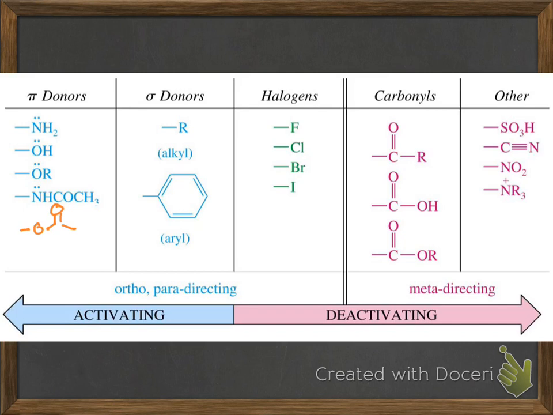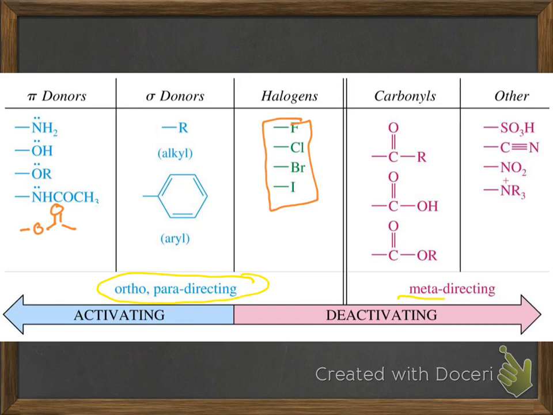The exception being the four halogens here in the middle. All right? If it is activating or a halogen, it is an ortho-para-director. If it is a deactivator, it is a meta-director.